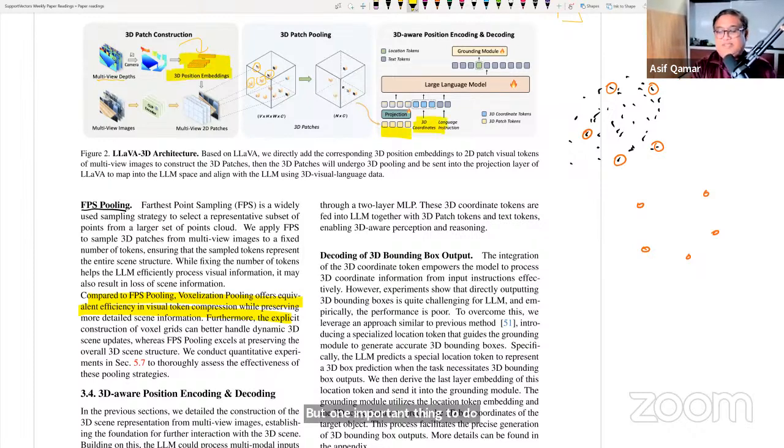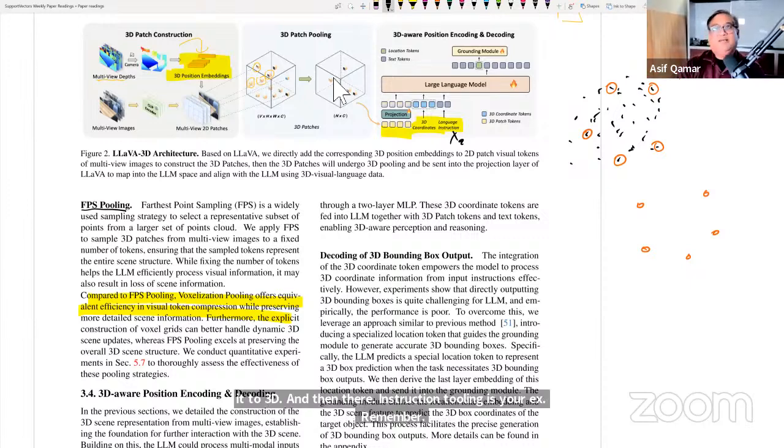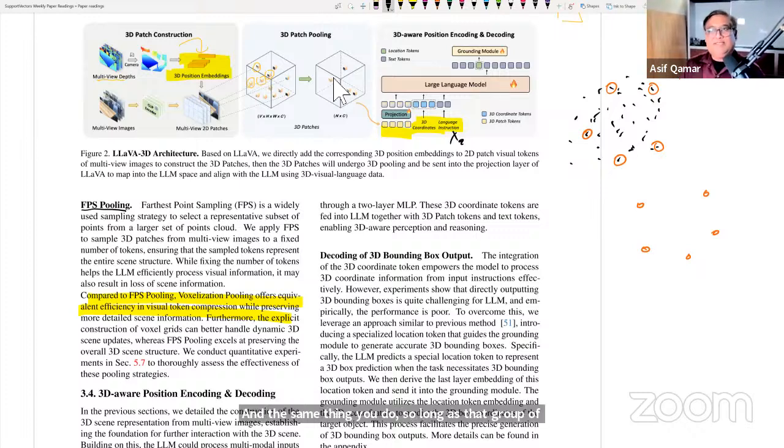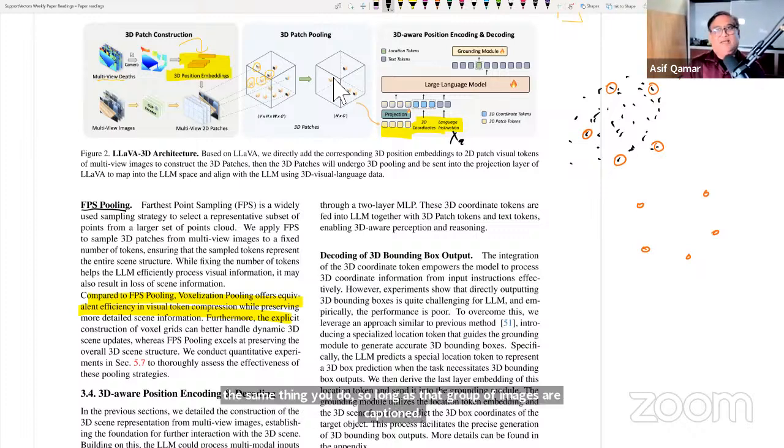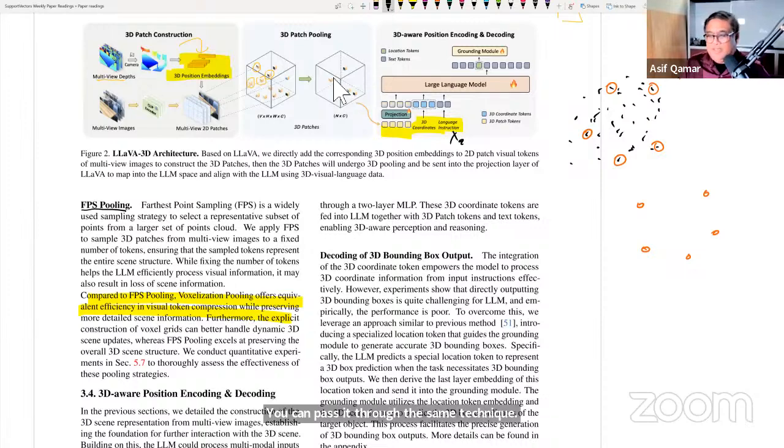You must inject the 3D position of that patch, right? Generalize it to 3D. And then the instruction tuning is your X_A, remember? And the same thing you do, so long as those groups of images are captioned, you can pass it through the same technique, through a bigger model, get that, and then you can train this model, and so on and so forth.